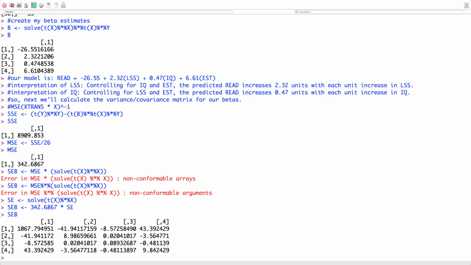So standard error for the beta, yeah, that works. That's really strange that it wouldn't multiply that out. Okay, all right, anyway. So remember that, make a note of it.